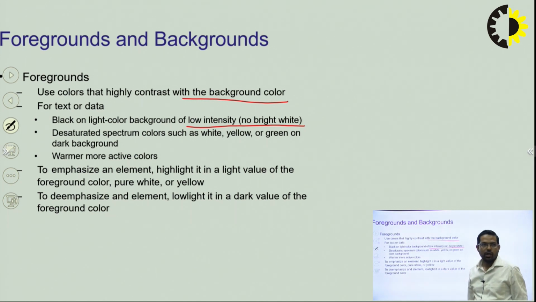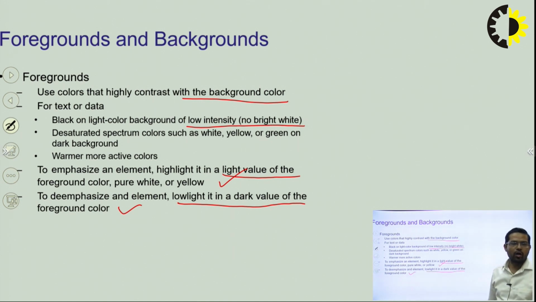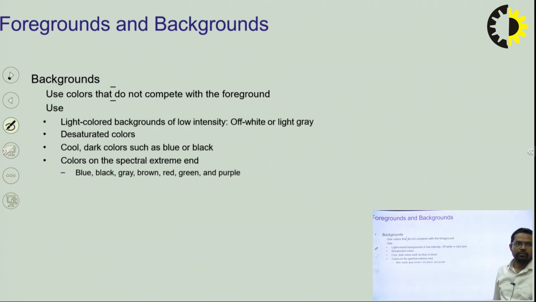To emphasize an element, highlight it in a light value of the foreground color, pure white or yellow. And to de-emphasize an element, lowlight it in a dark value of the foreground color. According to the situation, we use different foreground colors for different background colors.